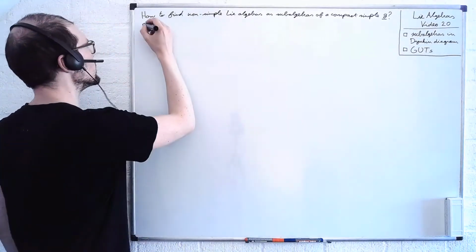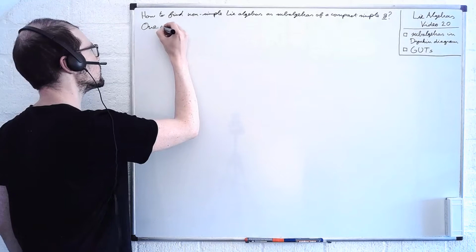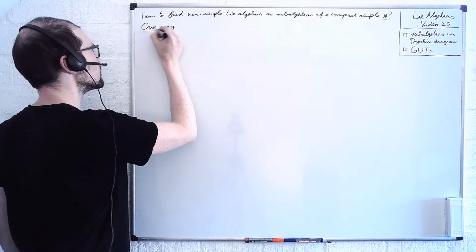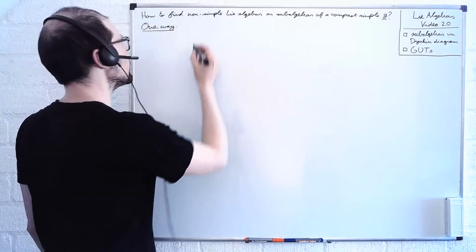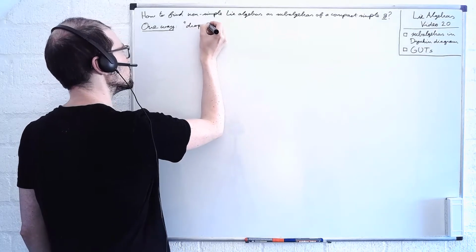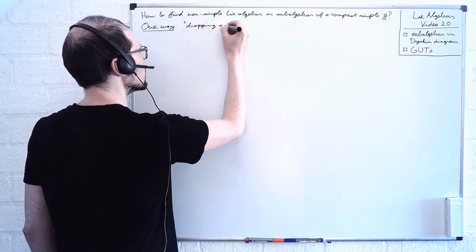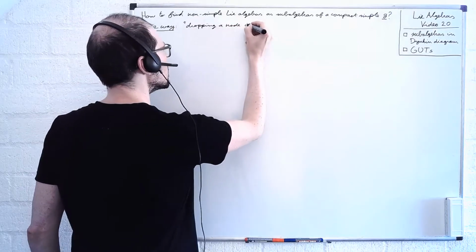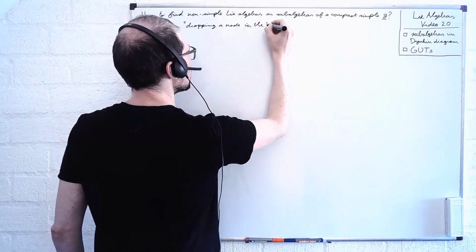So here's one way. And now this way goes by, in quotation marks, dropping a node in the Dynkin diagram.